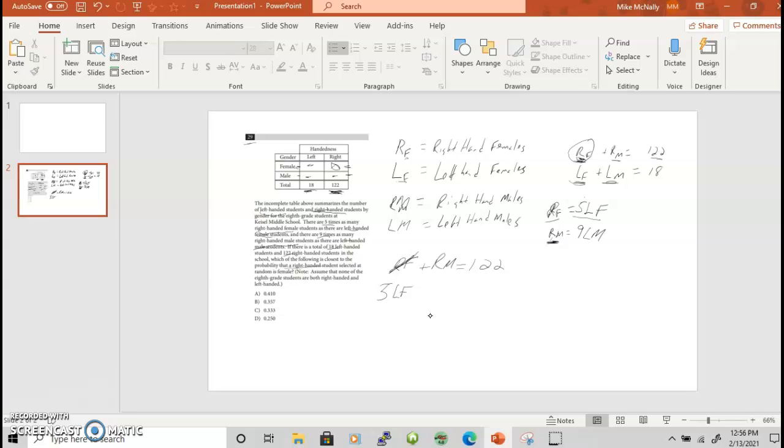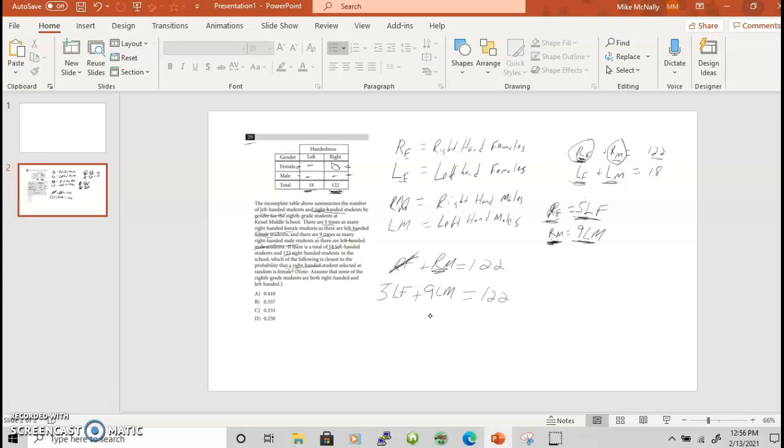And we know that RM is 9LM. So we're going to take this and substitute that RM with 9LM. And so since RF plus RM equaled 122, this also equals 122, since that equaled that and that equaled that.